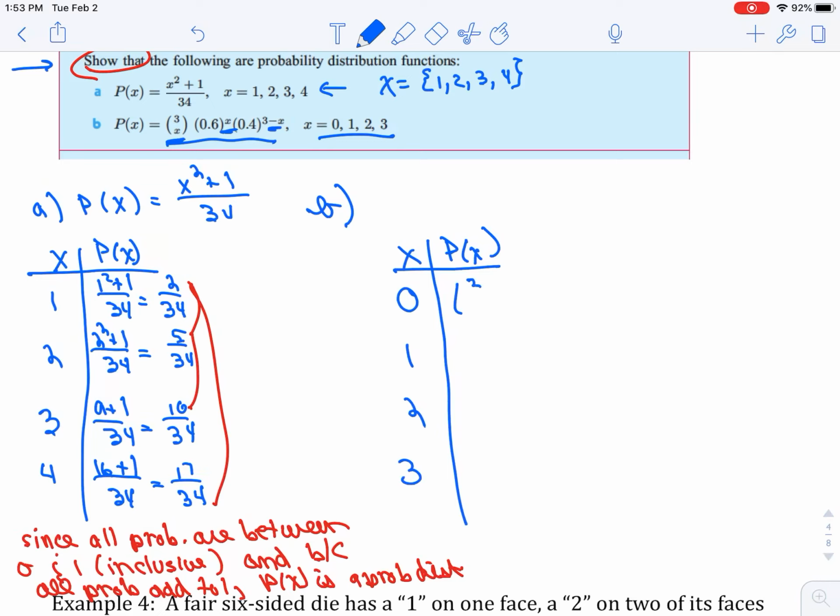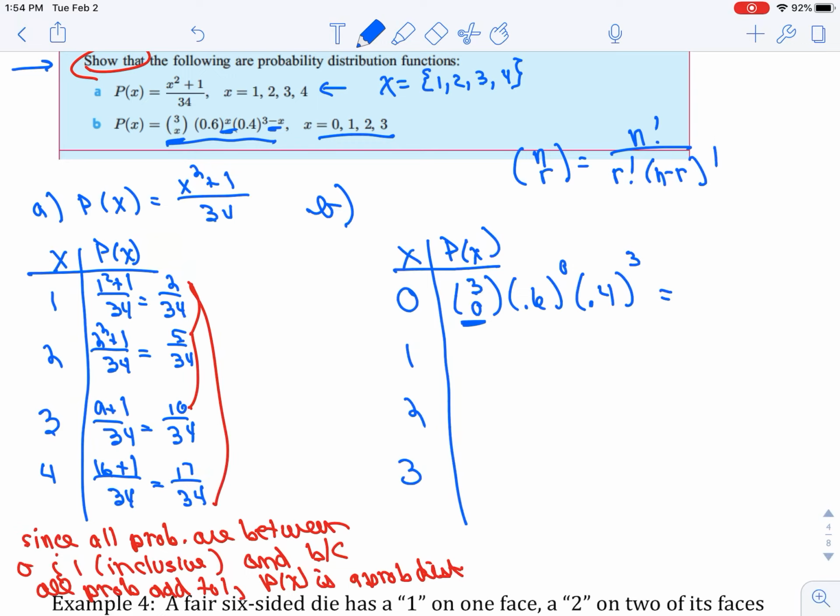So I get 3 choose 0. This goes back to something that we did in the first chapter. 0.6 to the 0, and then 0.4 to the 3 minus 0, which is 3. So this one, you can work it out. 3 choose 0, if you remember, is 1. And you can go back to chapter 1. Remember that the formula for n choose r is n factorial over r factorial times n minus r factorial.